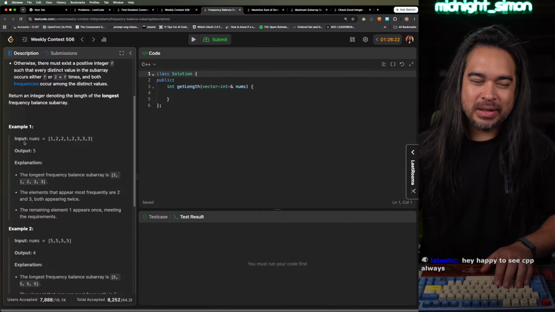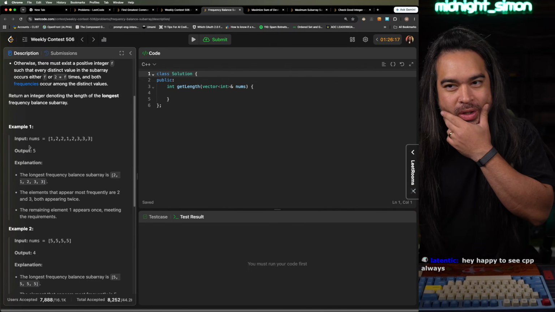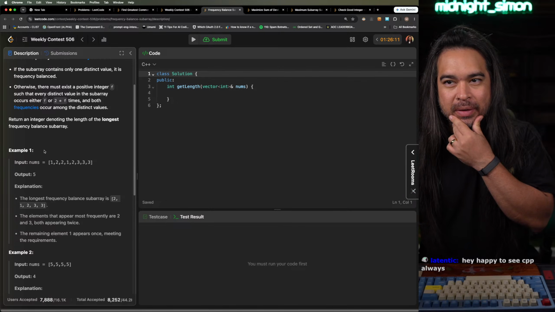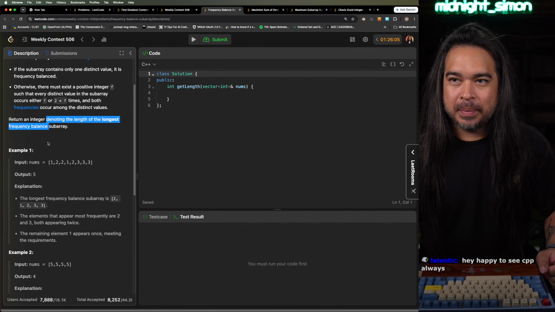All right, let me look at these examples because I don't really know what it's trying to say. So the length of the longest frequency balanced subarray. The longest frequency balance is 2, 1, 2, 3, 3.